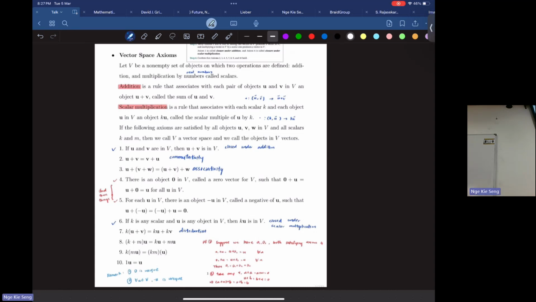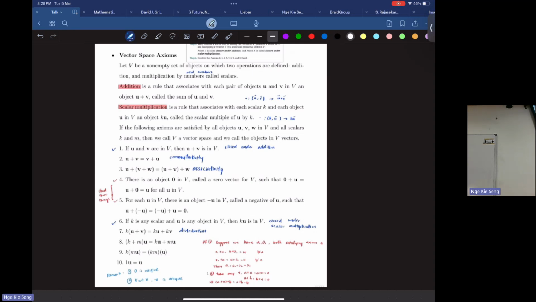And then this one, K multiplied with MU equals KM times U. What is this? Associativity in the group action. And then the last one is also the group action, the identity law. So I summarize these 10 axioms using the language of groups, group action.